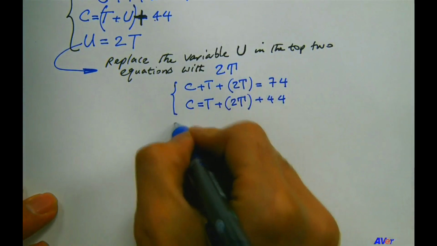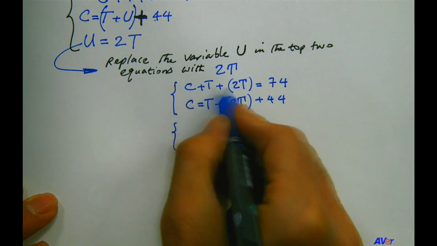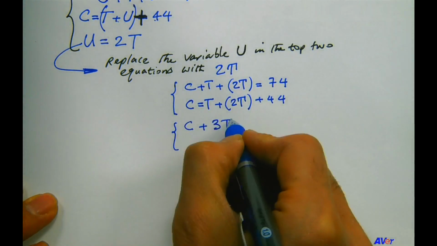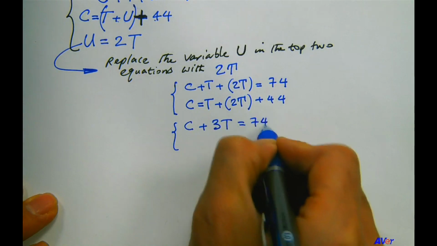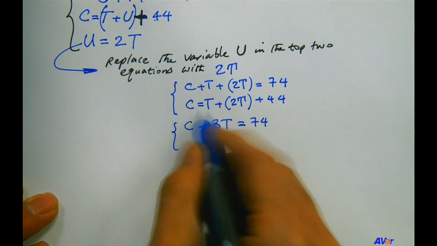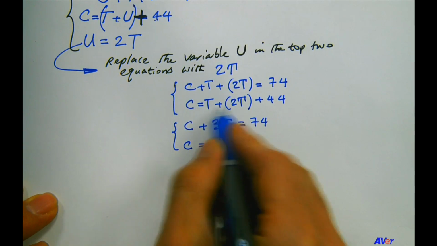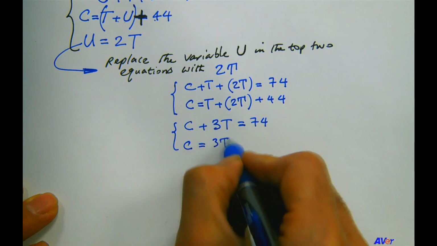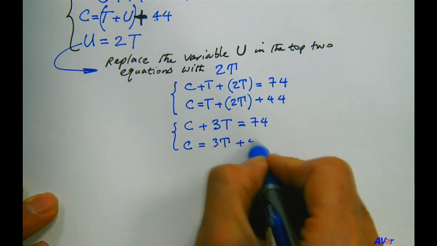So let's clean this up a little bit. So we have c plus t plus 2t. That will be c plus 3t equals 74, right? Then we have c equals 3t plus 44.